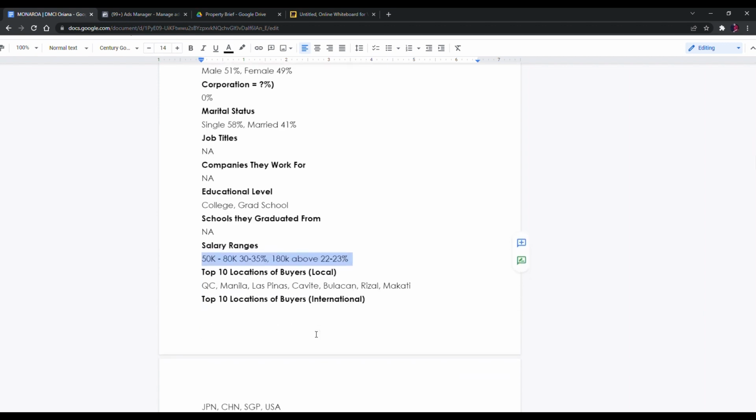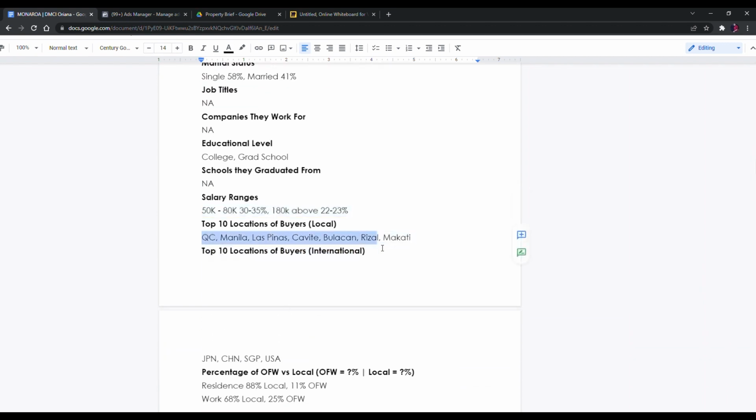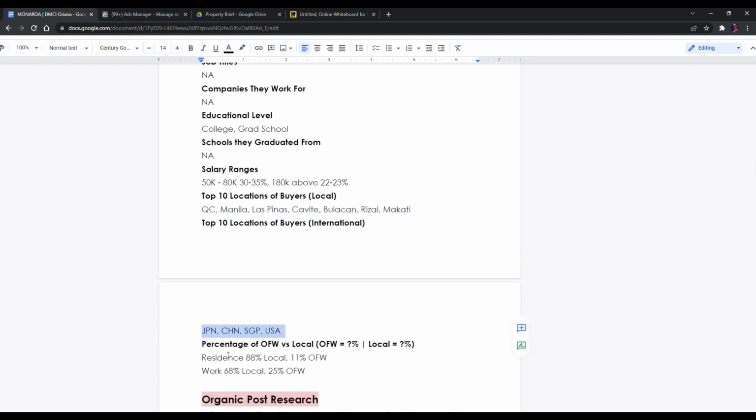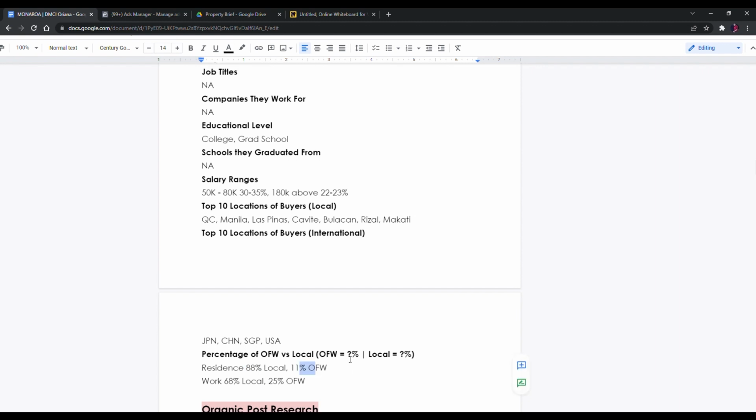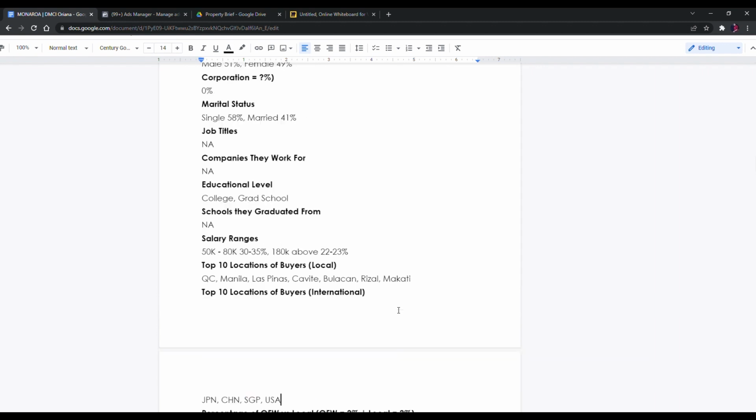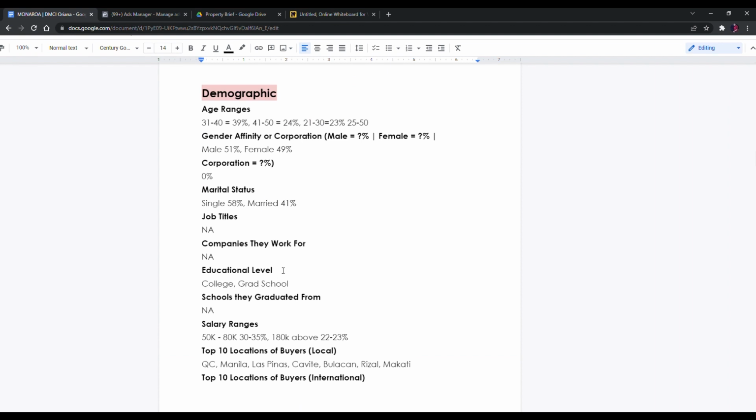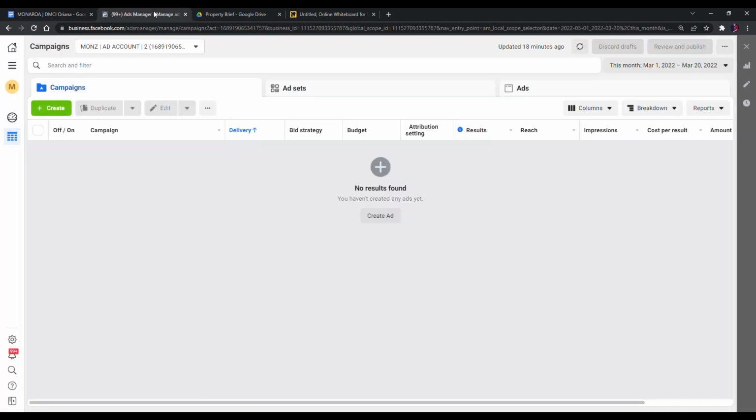And we also happen to have the locations of these people right here, both local and international. And since we have international buyers, we have a higher percentage of local buyers versus OFW buyers. With all of that said, let's go ahead and transfer all of these into our ads manager.